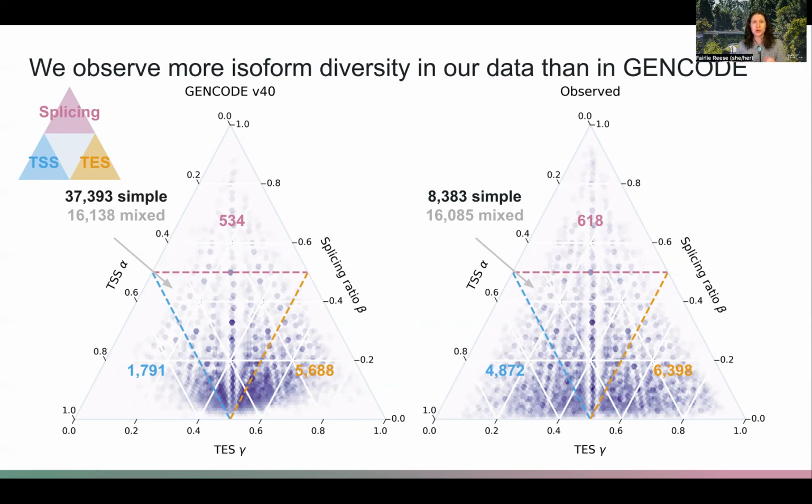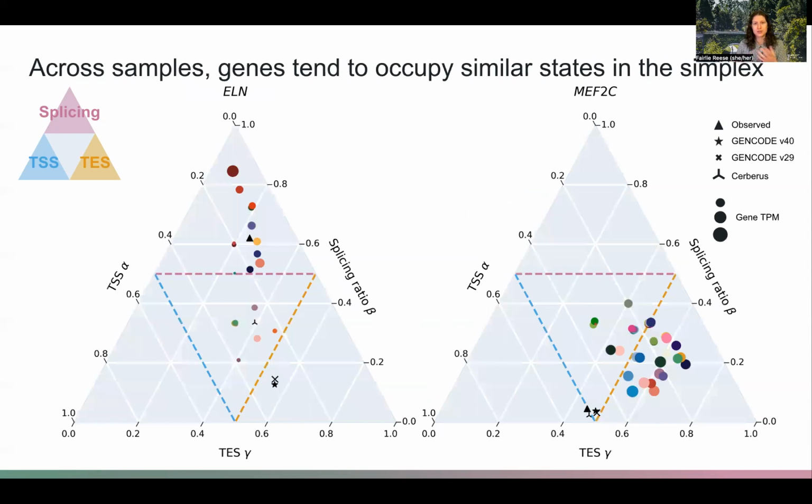So we can also plot these simplex plots for the sets of isoforms that are expressed in each of our different samples. And so that's what you're seeing here. On the left is elastin, and on the right is MEF2C. And each of these colored dots here indicates the triplet underlying the expressed isoforms in each of these different samples. And so in the case of elastin, it tends to, in most of its expressed samples, exhibit a high degree of internal splicing.